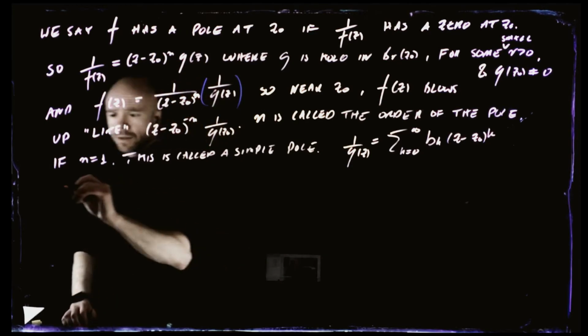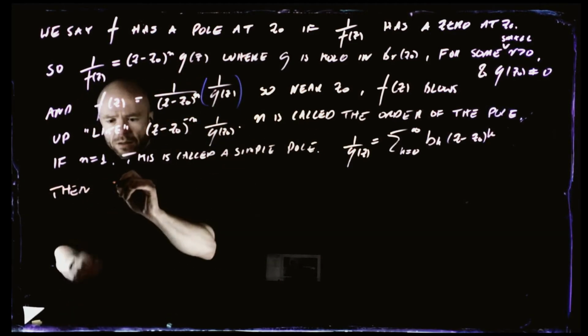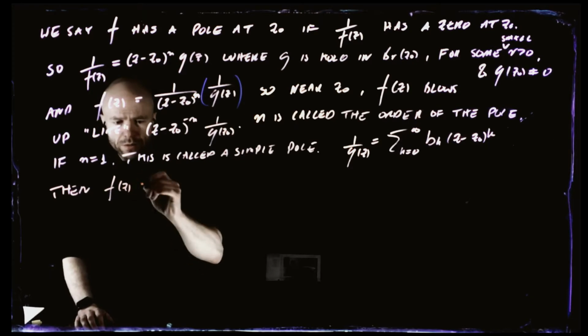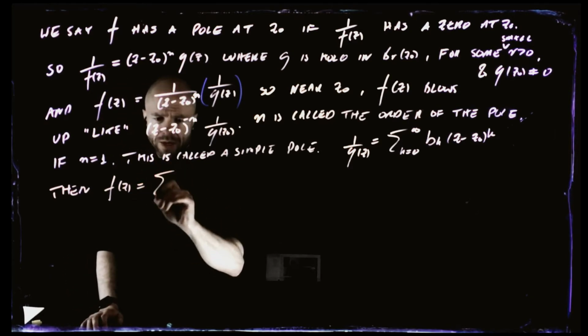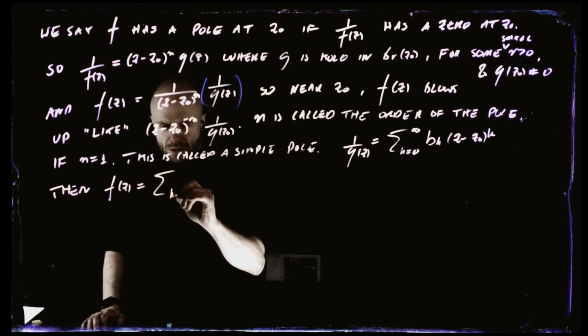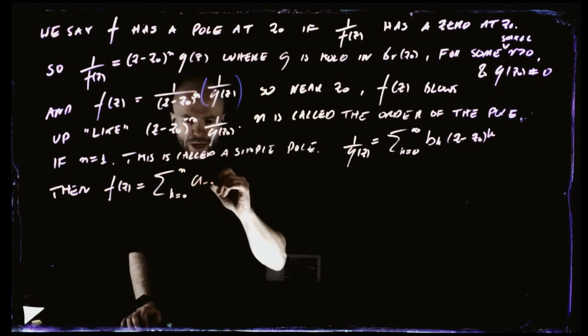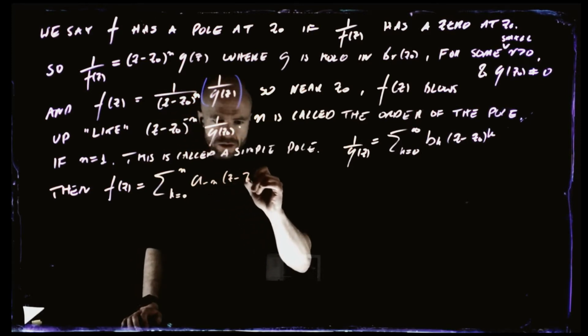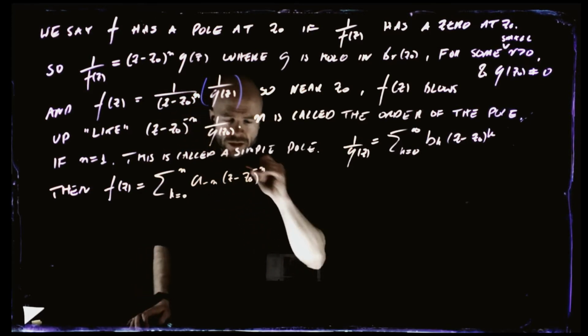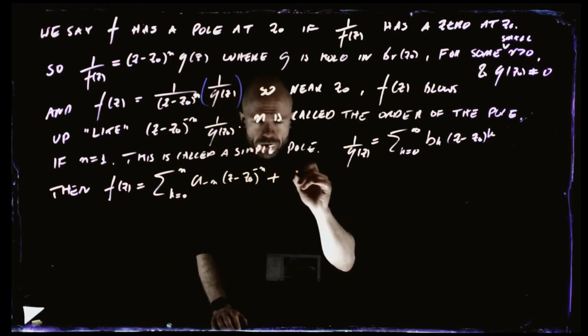Then writing this out, I'm not going to repeat all the details, but it's kind of trivial. What we find is we have the sum from k equals 0 to n of a_(-k) (z minus z0) to the minus k, like this. And this is the part that produces the singularity.